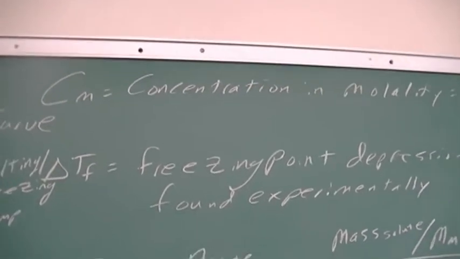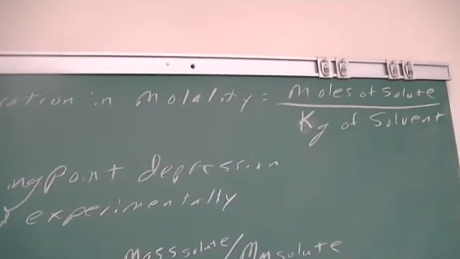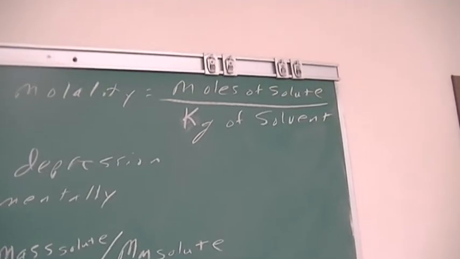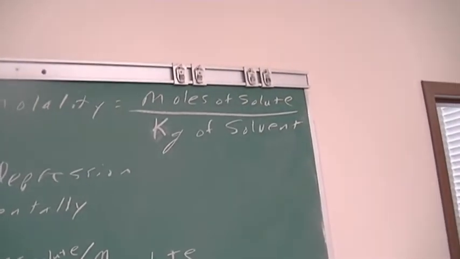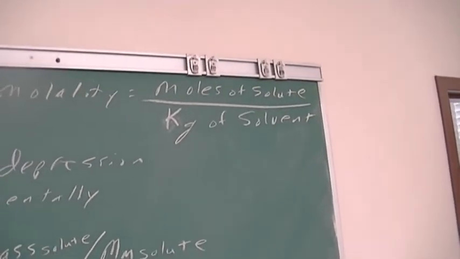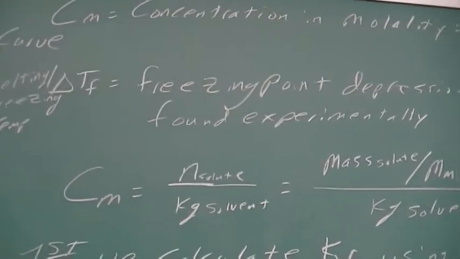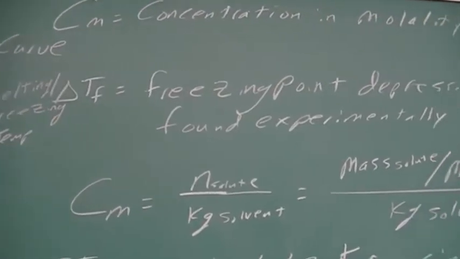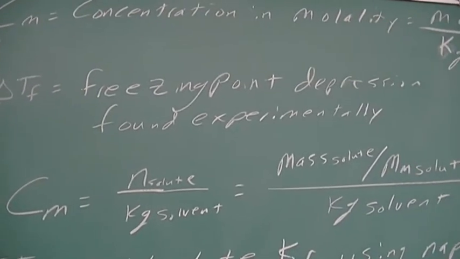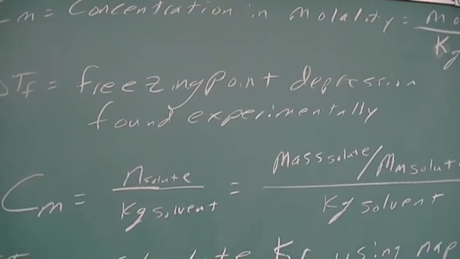Your C sub m is your concentration in molality. Molality is moles of solute divided by kilograms of solvent. Again, your delta T sub F is a freezing point depression. We will find this twice.